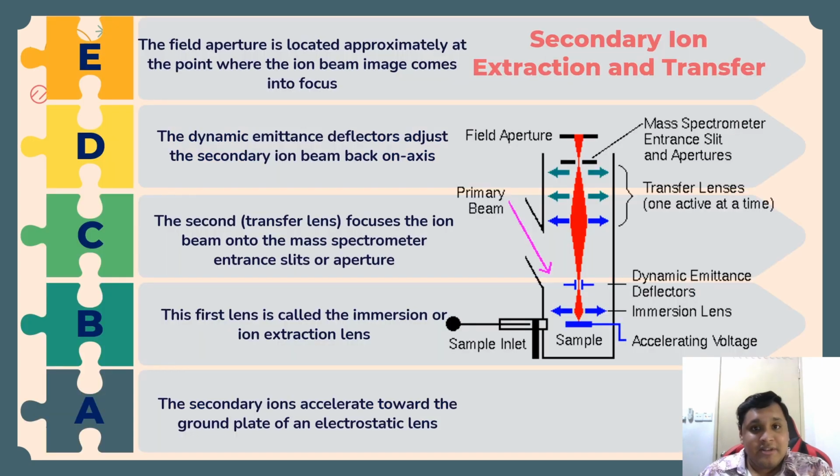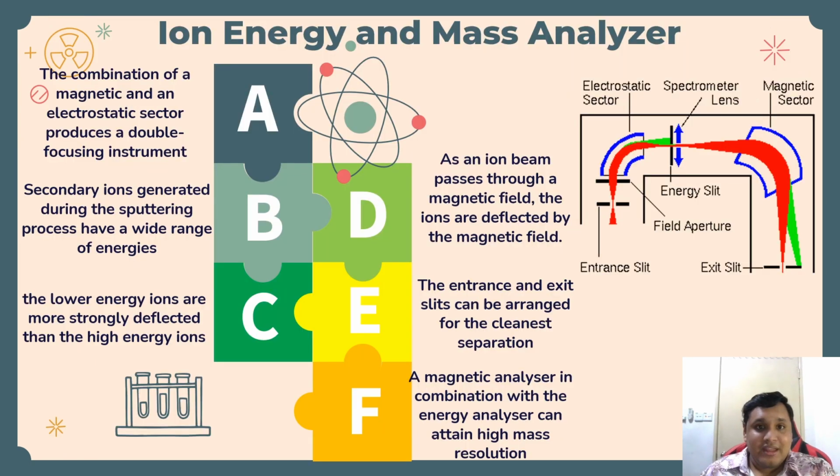Secondary ions are extracted from the sample as they are produced. The secondary ions accelerate towards the ground plate of an electrostatic lens. The first lens is called the immersion or ion extraction lens. The second transfer lenses focus the ion beam onto the mass spectrometer entrance slits or aperture. The combination of a magnetic and electrostatic sector produces a double focusing instrument.